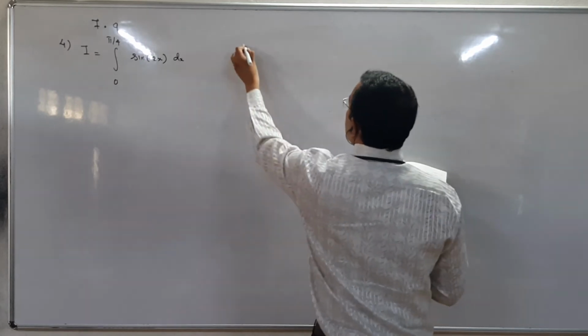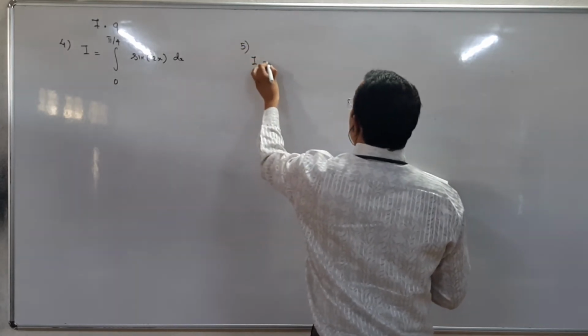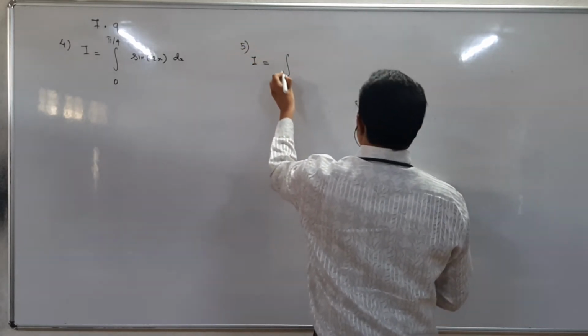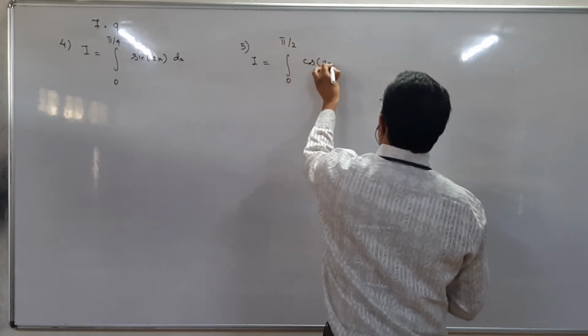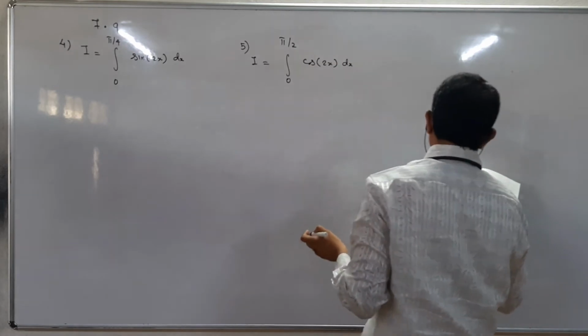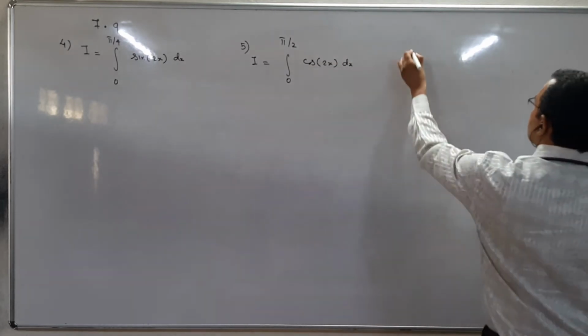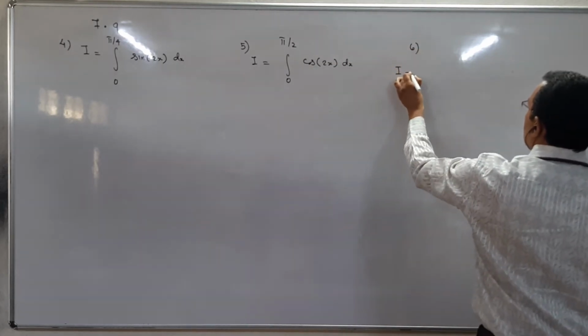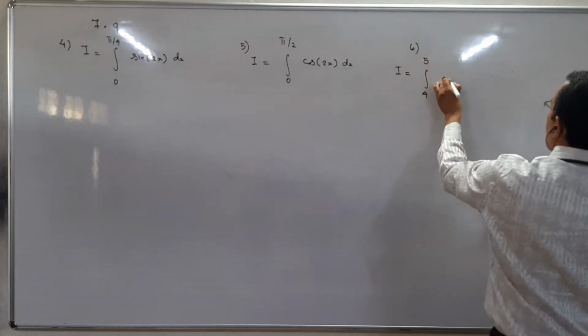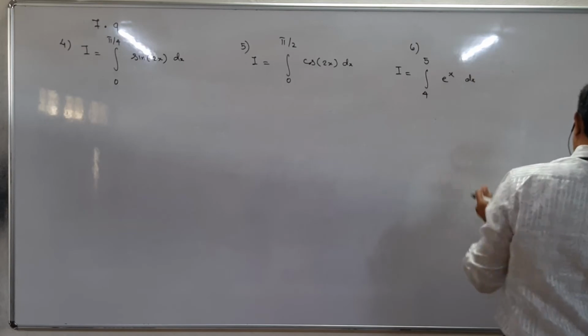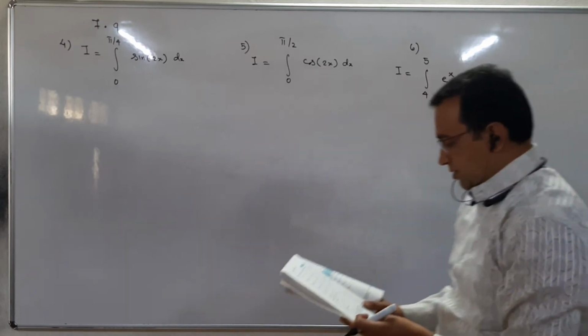Then fifth, integration from 0 to pi by 2 cos of twice x dx. And sixth, integration 4 to 5 e raised to x dx.